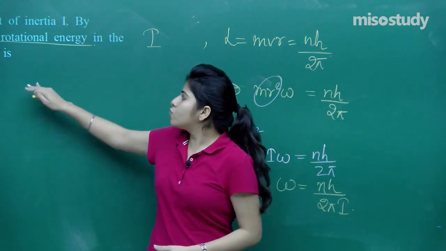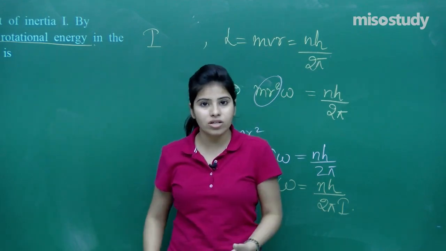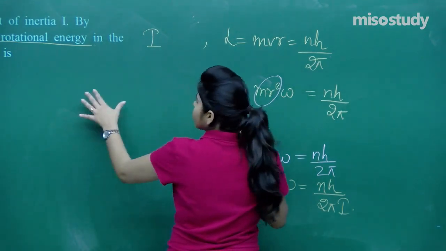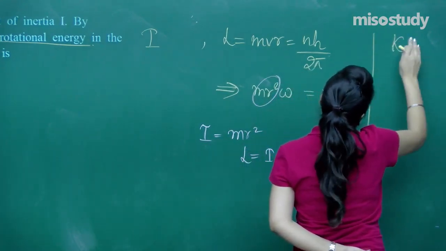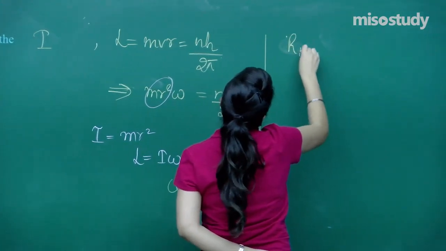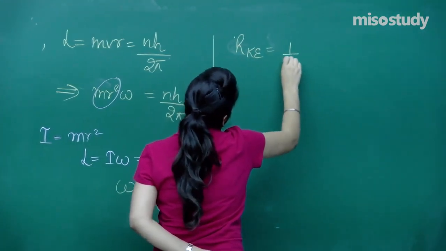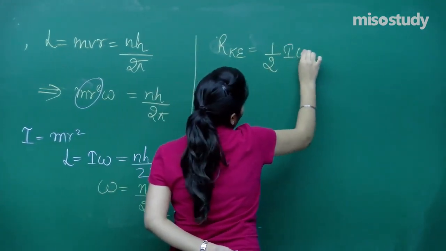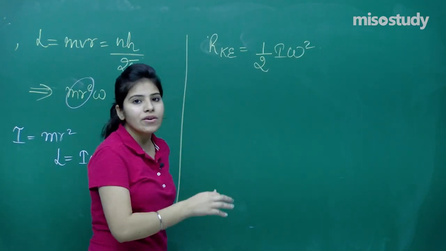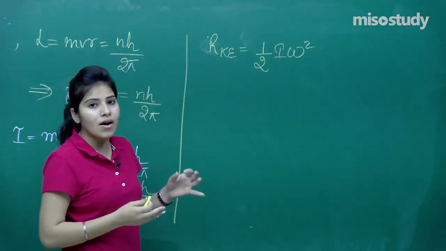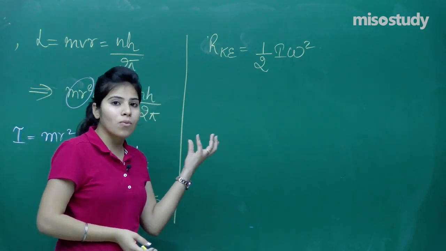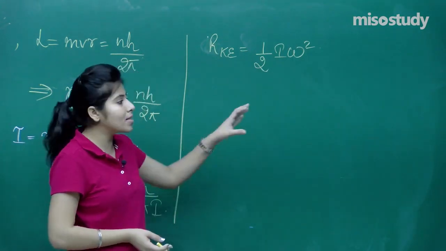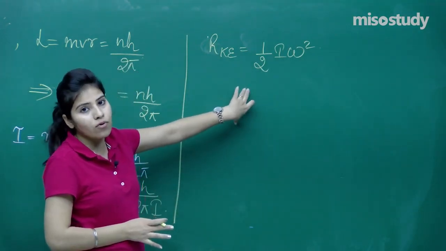Now because I have to find out the rotational energy, I know that the formula for rotational kinetic energy is half I omega square. Again, if you start with half mv square and put the angular velocity in that, you will have this same formula.